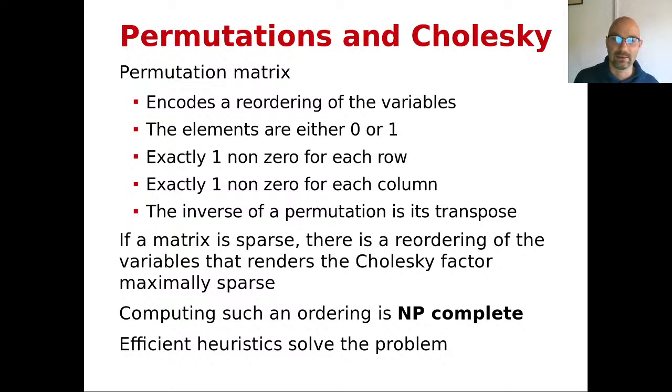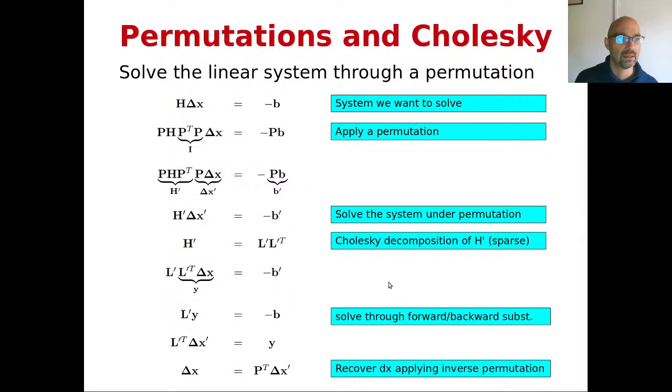However, there's a gazillion of research on that made by cool mathematicians that provided heuristics to solve the problem. The simpler heuristic, if you're interested, is the minimum degree ordering. Anyway, there are libraries that do that. For those that are interested, I will provide links on the page.